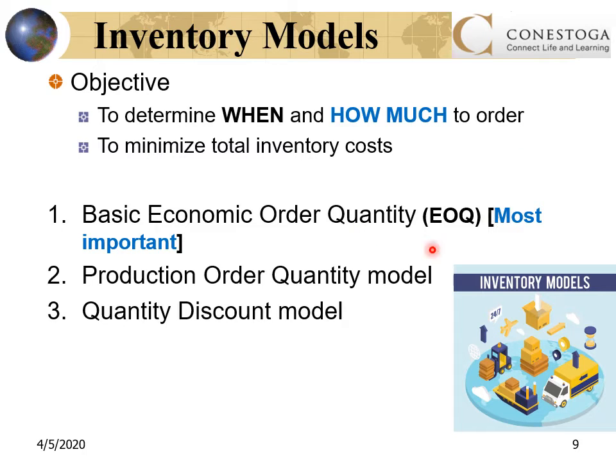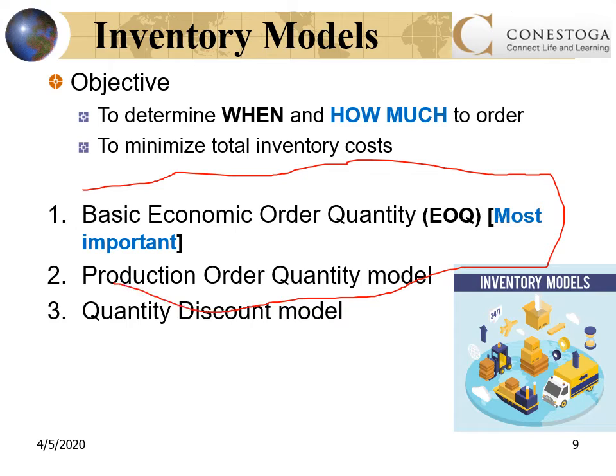Now there are three different models available, and the most important method is called the basic economic order quantity, or EOQ. We study only EOQ for your course, and that's the most commonly used method.